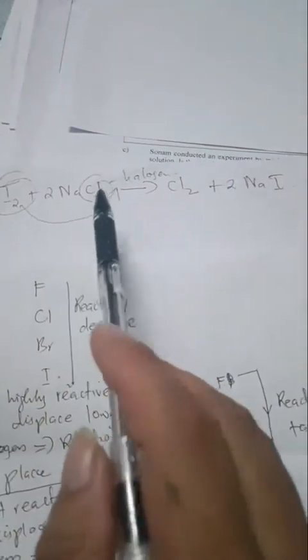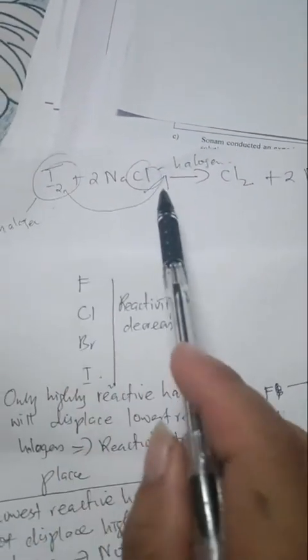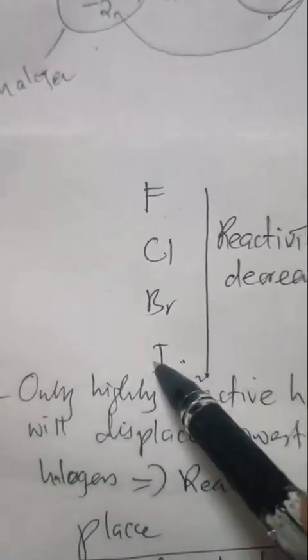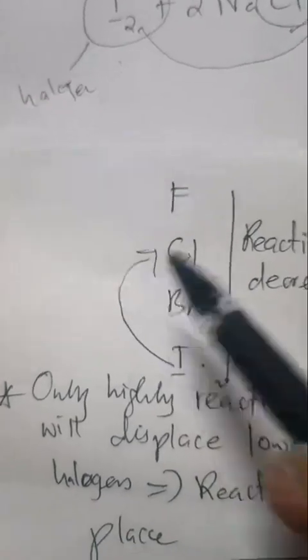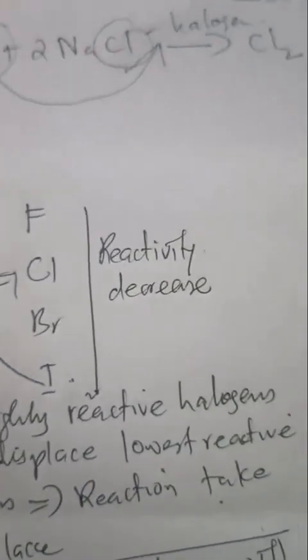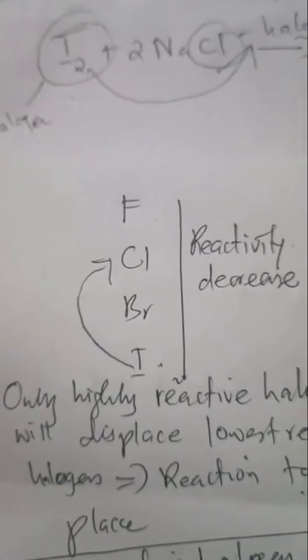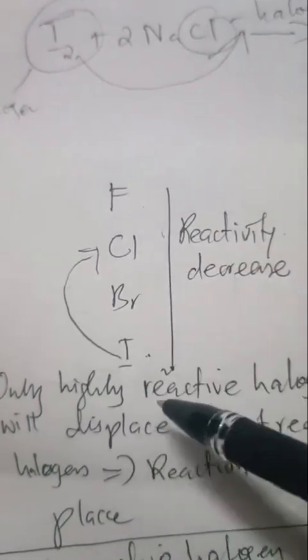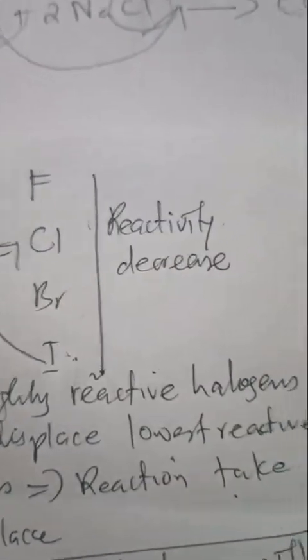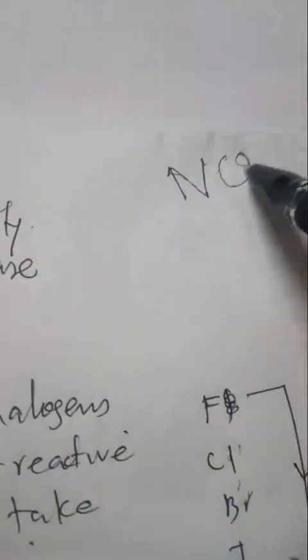So it is the same concept in the question. Is this reaction possible? The question means iodine has to displace chlorine. The answer is no. Iodine is the least reactive and chlorine is more reactive. So the answer is no displacement reaction will take place because iodine is less reactive than chlorine.